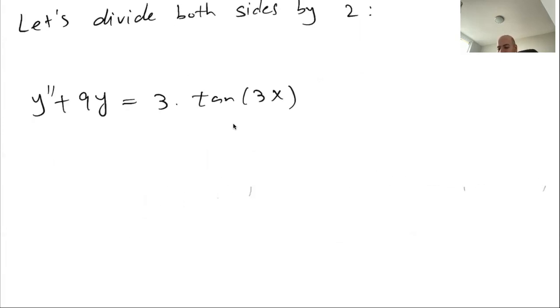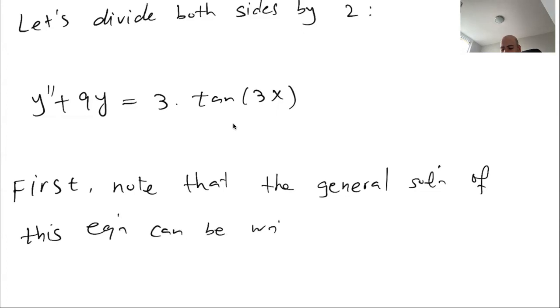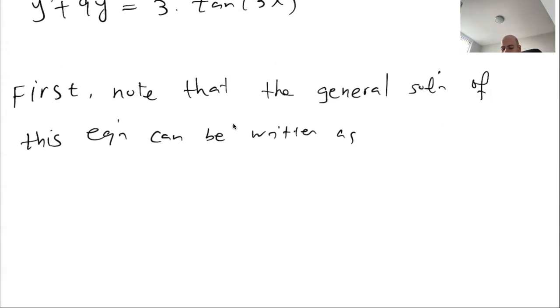So first of all, let me mention that because we want the general solution, how does the general solution look? Note that the general solution of this equation can be written as y equals yc plus yp: complementary part plus a particular solution.